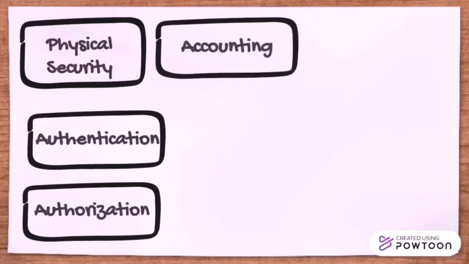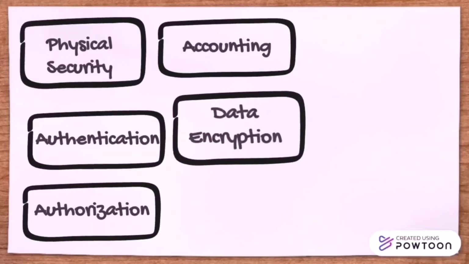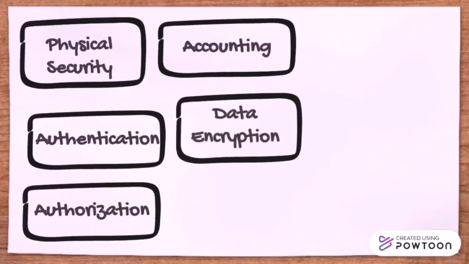Next, accounting. Accounting is the process of recording financial transactions pertaining to a business and so on. Next, data encryption. Data encryption is a security method where information is encoded and can only be accessed by a user with the correct encryption key.